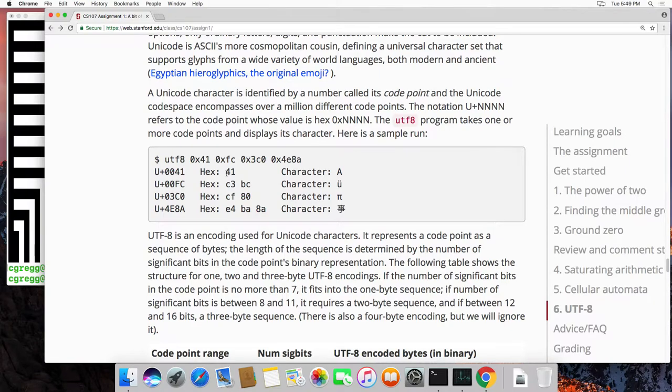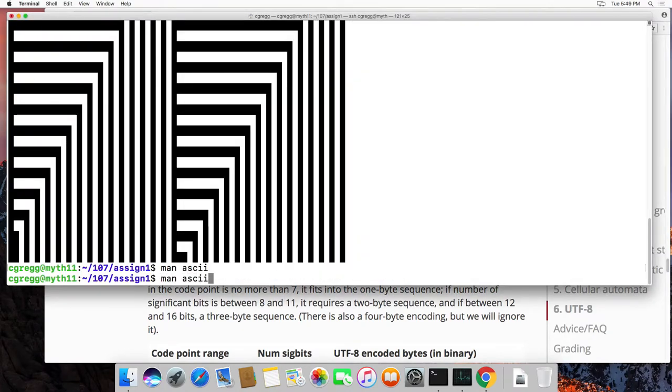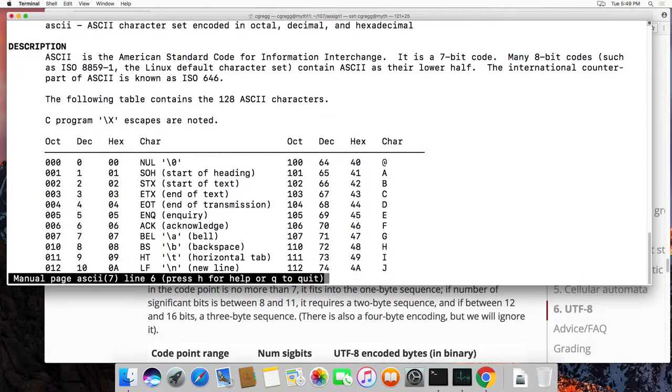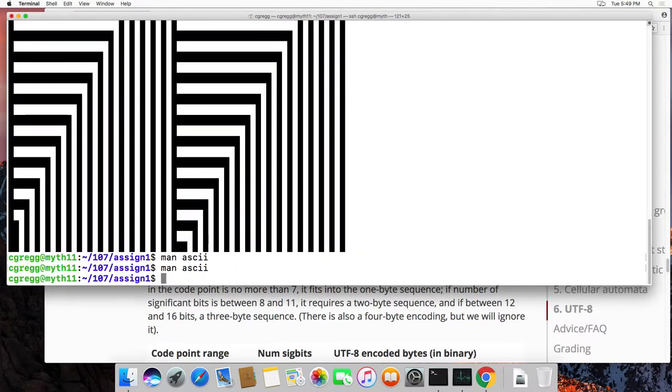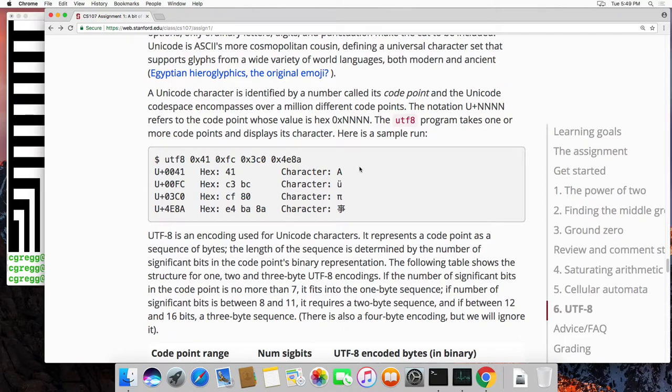If you'll notice something here, 41 happens to be, in hex, the uppercase A. Man ASCII will give you, if you look at hex 41 right here, it is actually uppercase A. What's cool about this UTF-8 format is that it's backwards compatible with ASCII. In other words, if you give it a byte and it happens to be ASCII, that byte will be represented as the ASCII value even in UTF-8. So it's pretty cool.